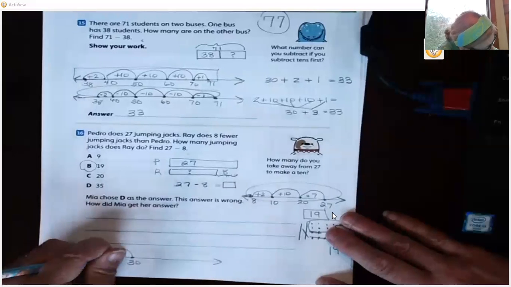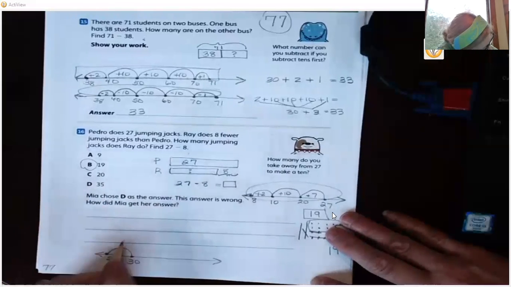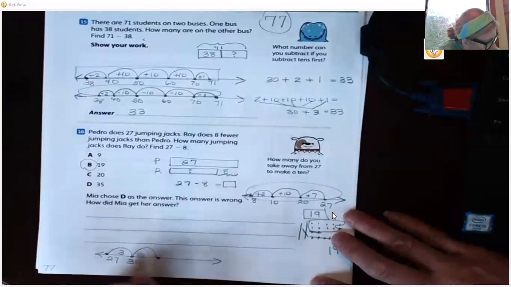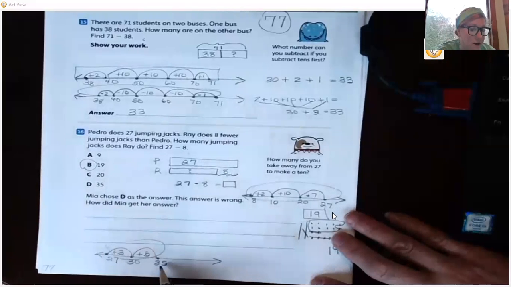It takes 3, sorry. Takes 3 to get up to 30. So you're up to 30. So you need how many more to get to 35? 5. That is 8. It does equal 35. 3 plus 5. 8 added on to 27 is 35.